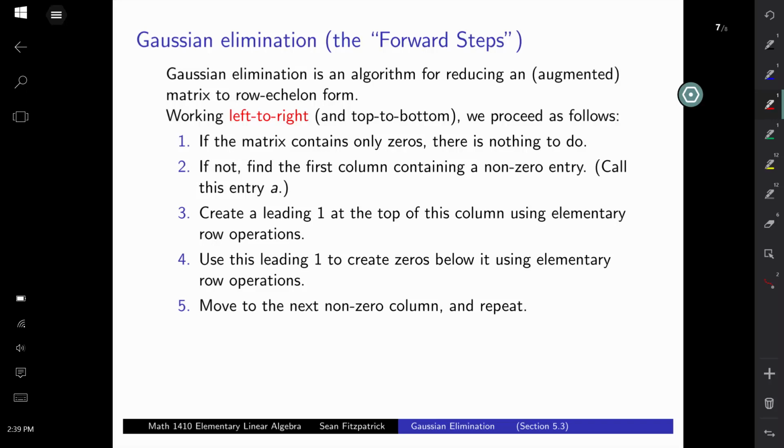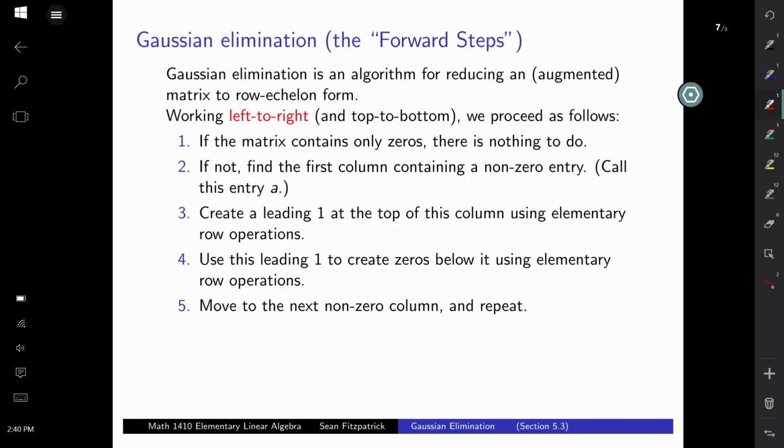So if it's not the zero matrix, then you find the first column. There's got to be a column that has something non-zero in it, right? And you find the first column containing a non-zero entry. And you make sure that the first entry at the top of that first non-zero column is a 1. So you use elementary row operations of your choice to get that leading 1 at the top of the first non-zero column.